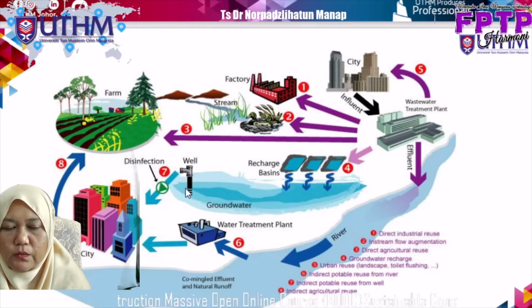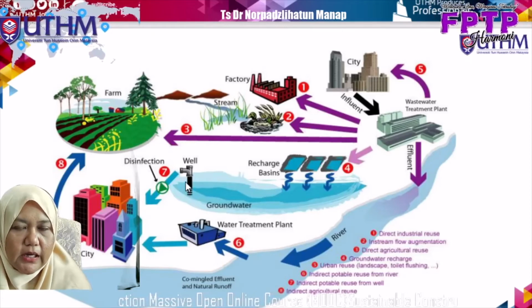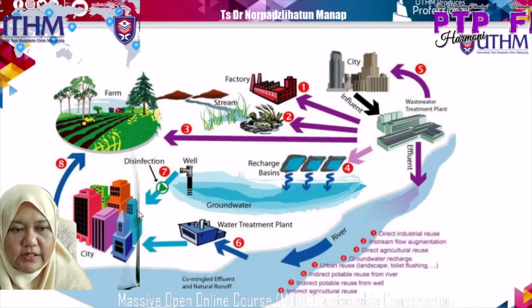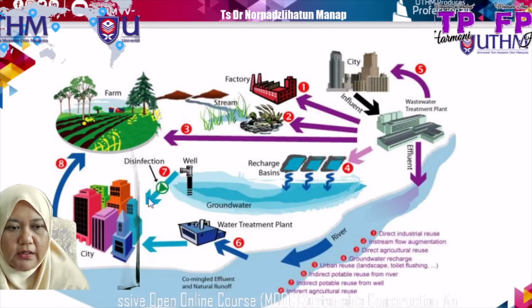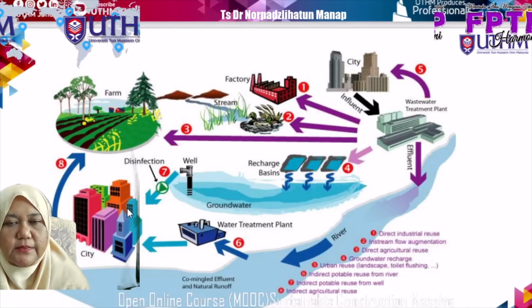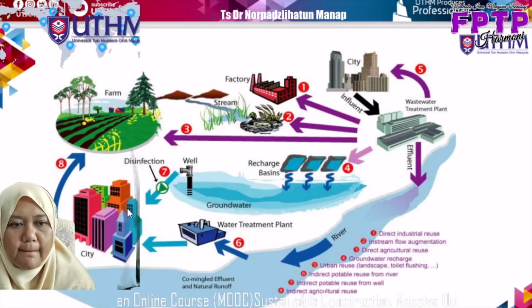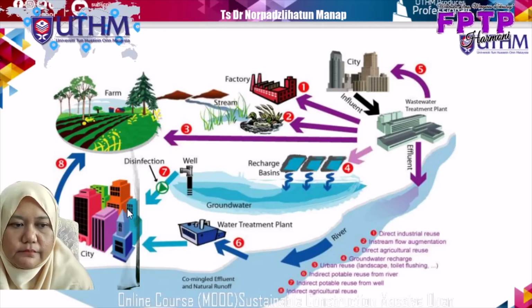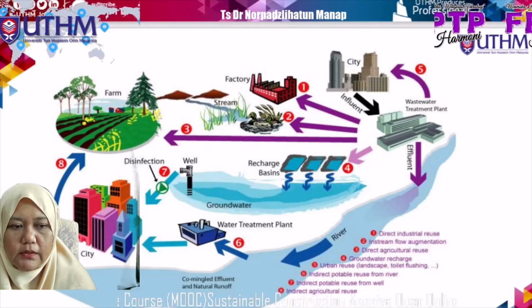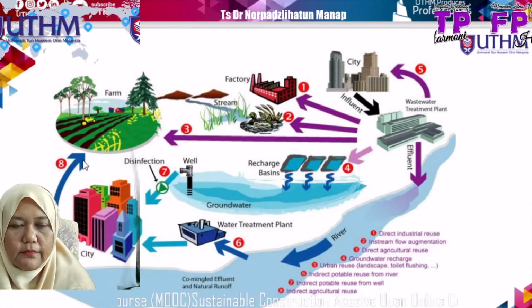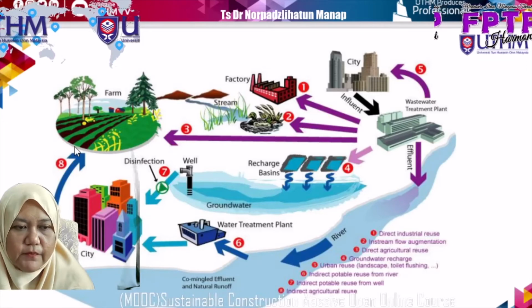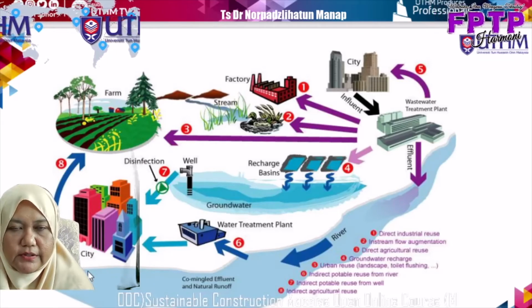Also, the groundwater that is extracted from the well, after being disinfected, like here in number 7, can be used by the users in the city. For irrigation purposes, in the farm, usually the water from the river is extracted.